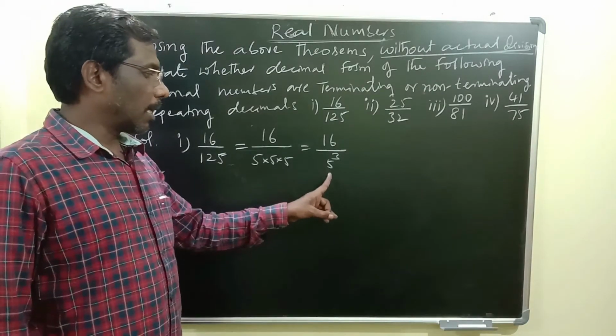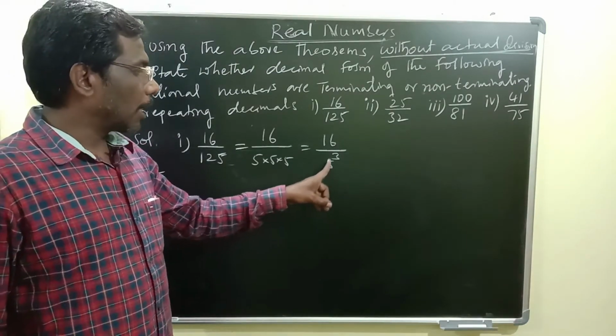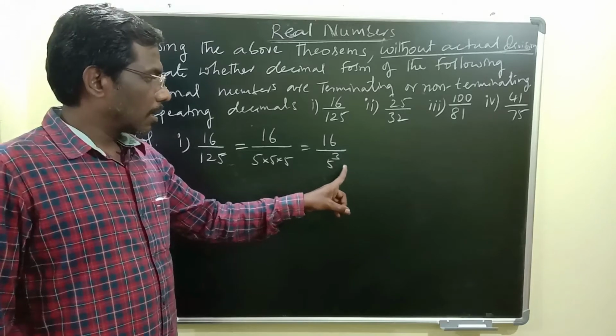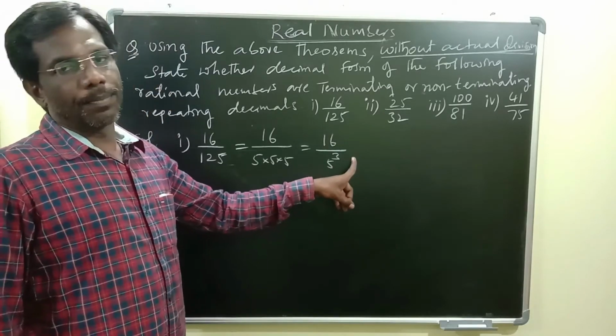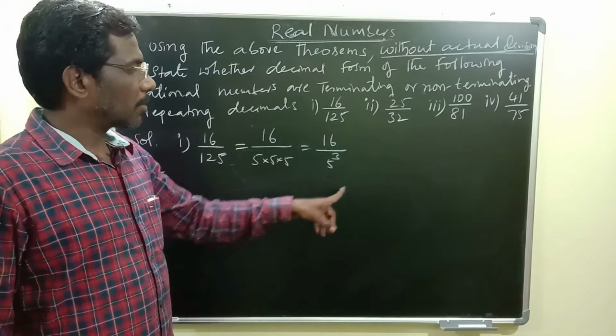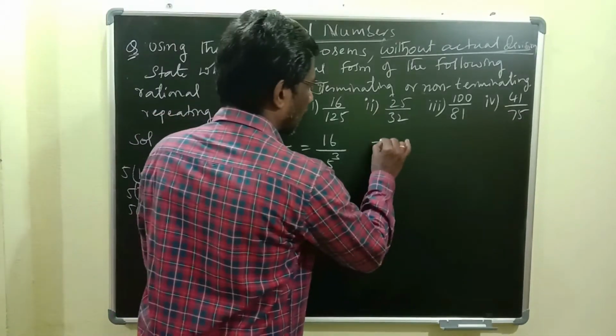So the denominator is only 5 cube, which can be written as 2 power 0 into 5 cube. That's why it is a terminating decimal.